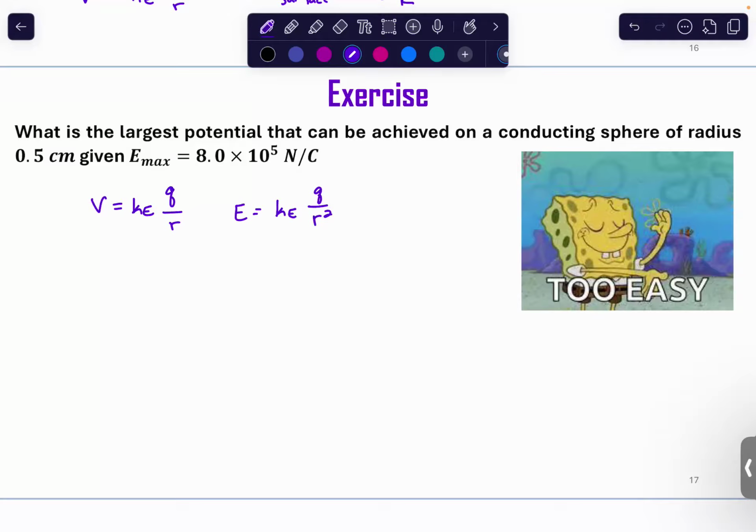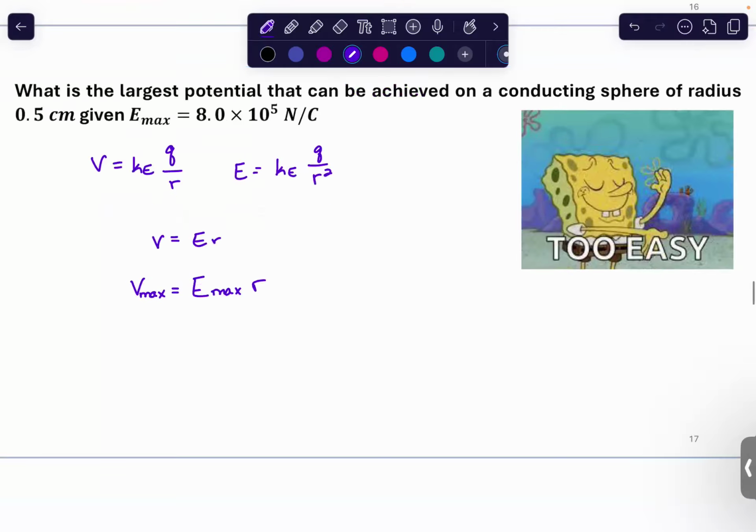Yes. So if we look at these two, volts equals E times R. So that means that maximum potential, well, if you got the right answer, you didn't necessarily do it wrong. You could have just made it easier on yourself.